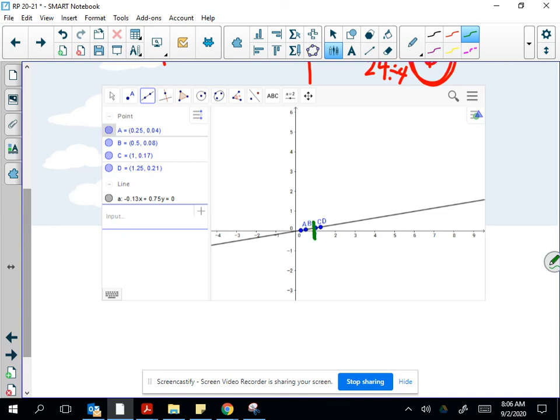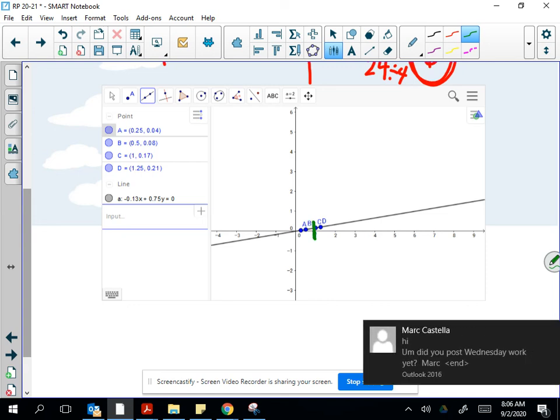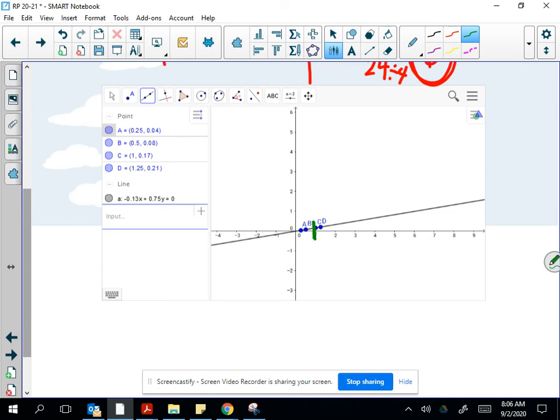This one's a little tricky because in my application, it converted them to decimals and rounded this one off. But on whole numbers, if my x value is 1, whatever my y value is, that's going to give you the constant of proportionality.